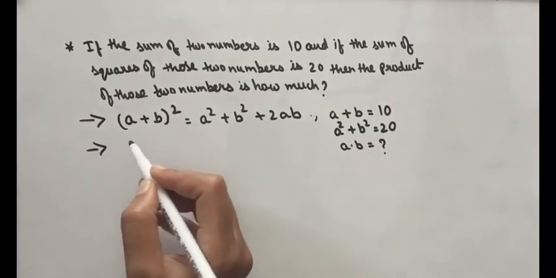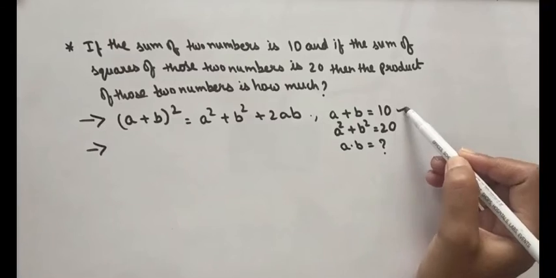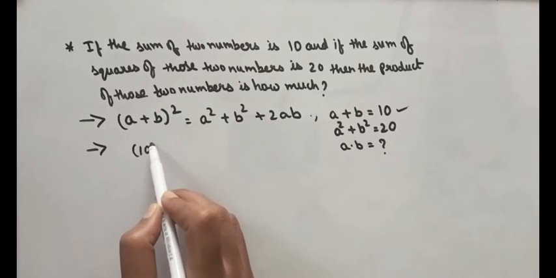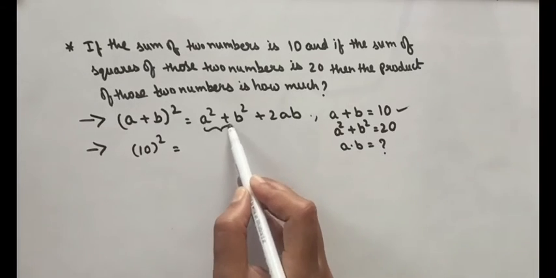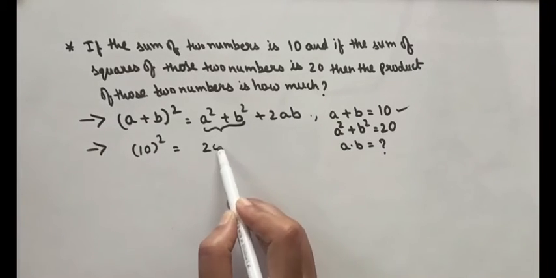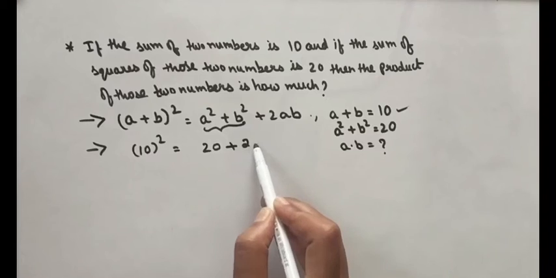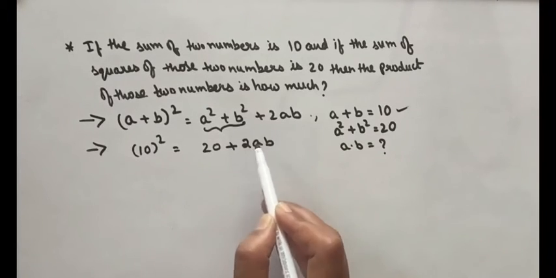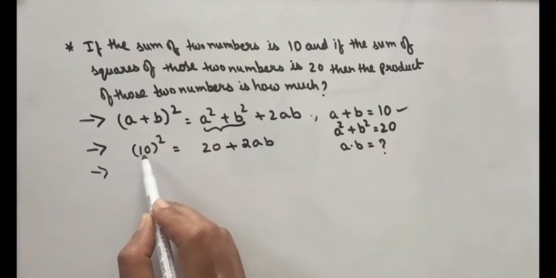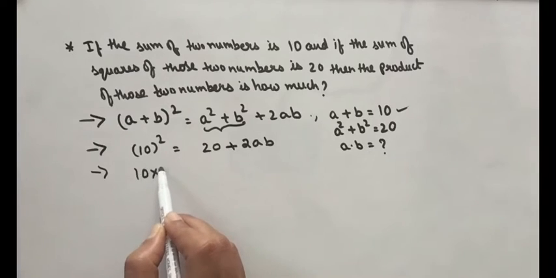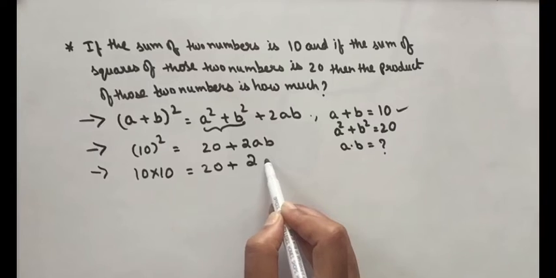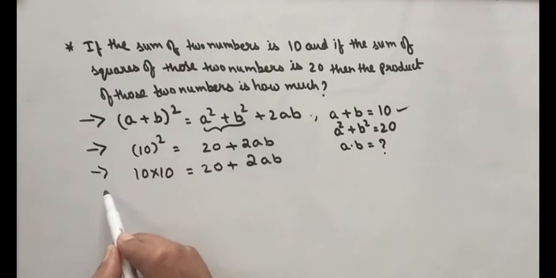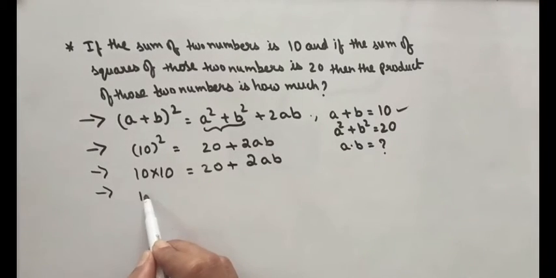Let's apply the formula now. A plus B is how much? 10. 10 square equals to A square plus B square is how much? 20 plus 2AB. Now 10 square means 10 into 10. 20 plus 2AB. Now 10 into 10 is nothing but 100.